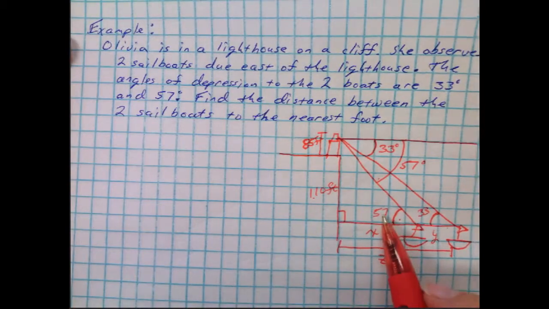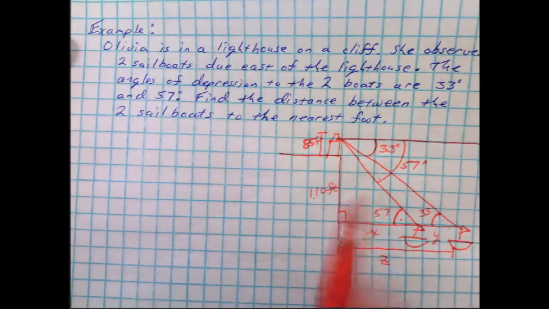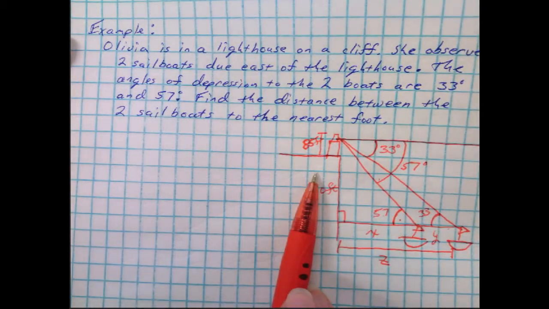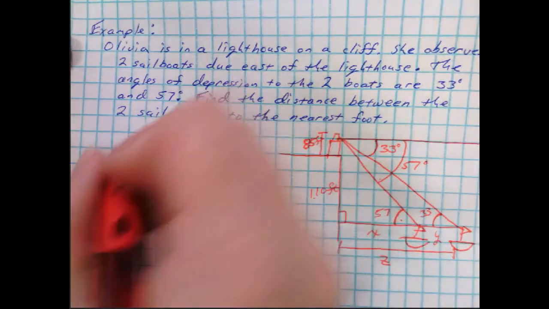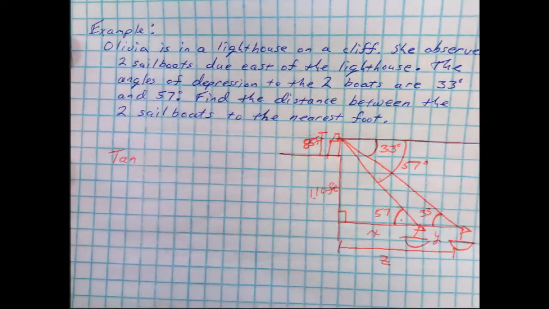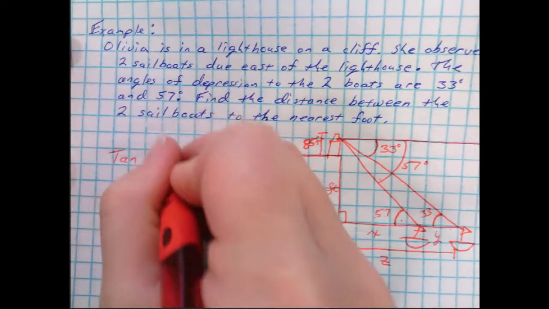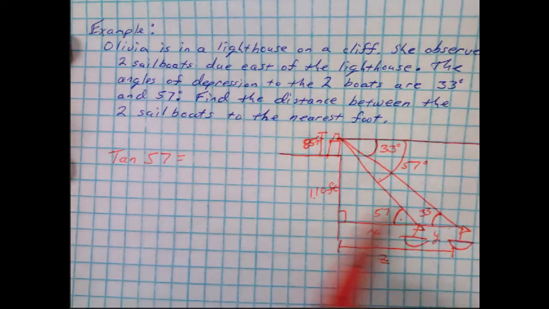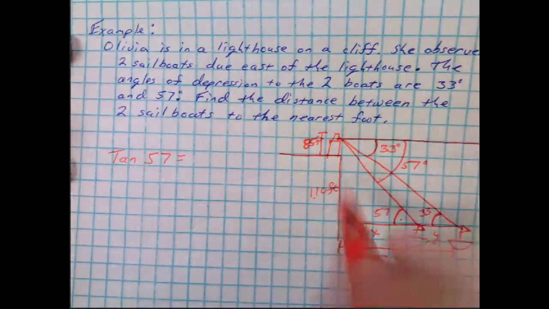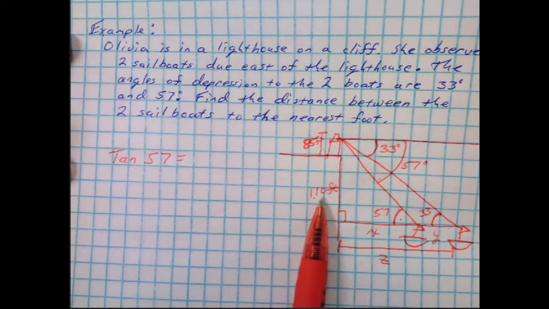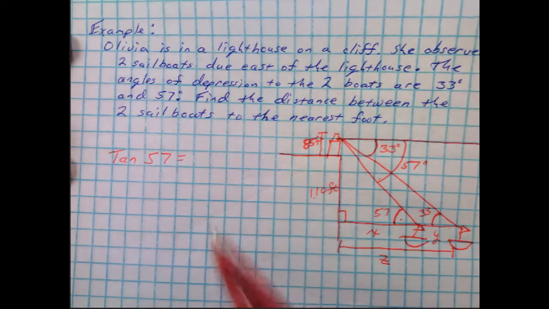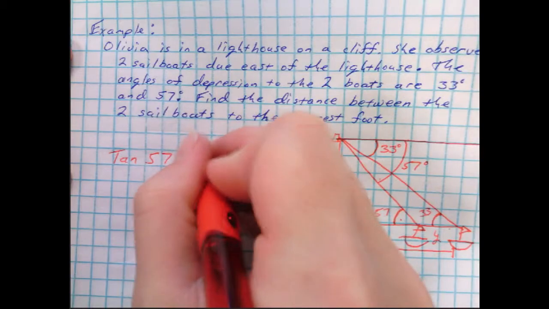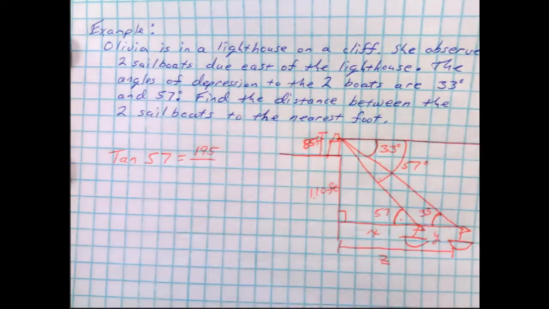Alright, so working with my 57 first, I've got an opposite and I've got an adjacent. So I'm working with tangent. So tangent of 57 equals my opposite. This entire thing would be 195 because I have to take my 110 plus my 85. So 195. That's my opposite.